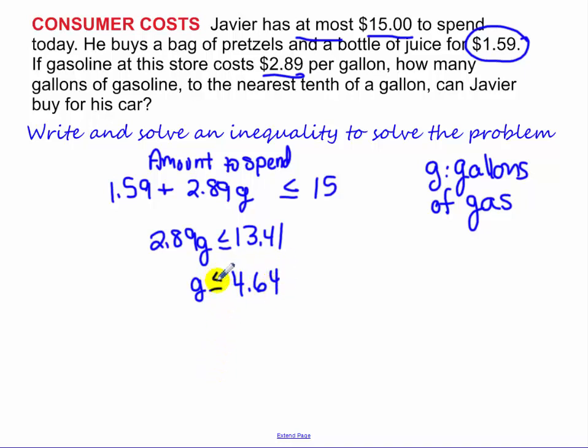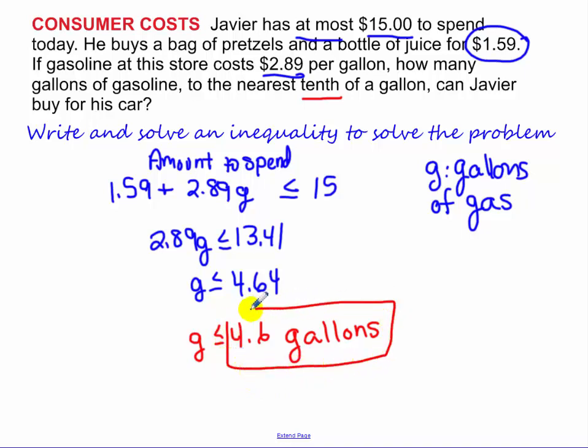So he can buy less than or equal to 4.64. Now go up and look. We went to the nearest tenth. So 4.6 gallons. So he can buy at most 4.6 gallons of gas.